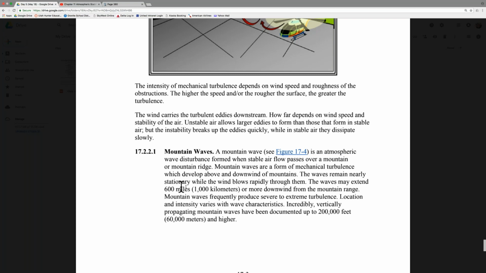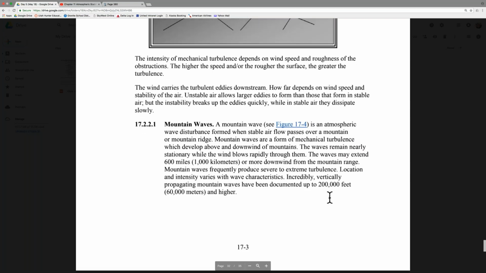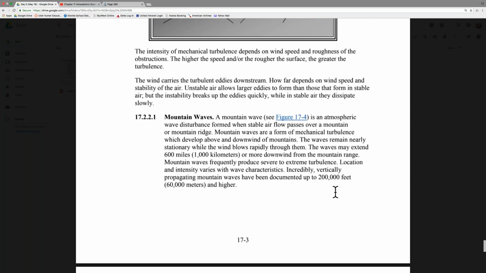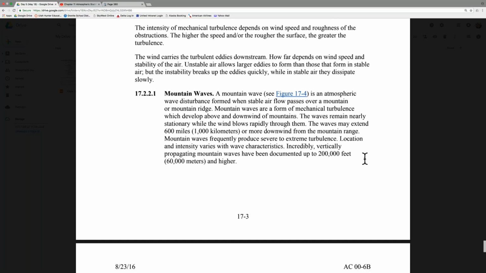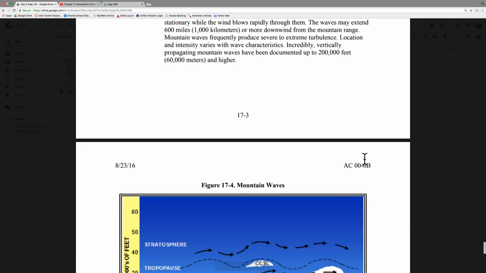They may extend as far as 600 miles or more downwind from the mountain range. Mountain waves frequently produce severe or extreme turbulence. Location and intensity vary with mountain characteristics. Incredibly, vertically propagating mountain waves have been documented up to 200,000 feet and higher. That's crazy, huh?